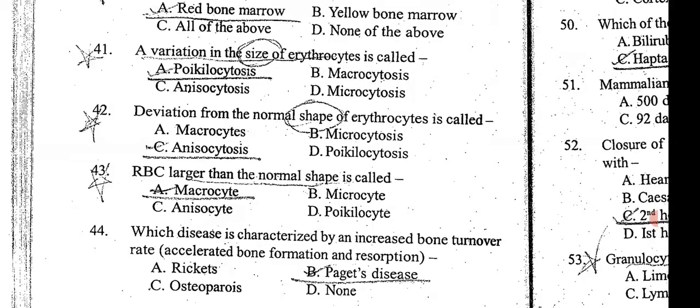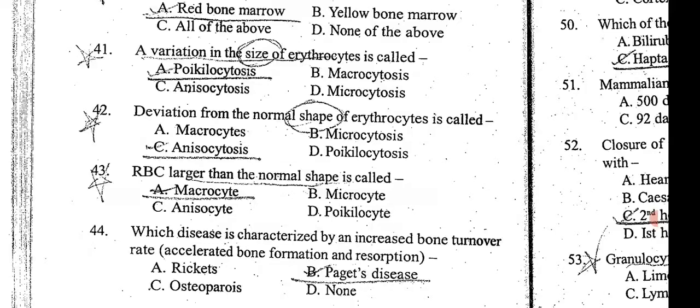Do not confuse shape with size. Size is larger or smaller. If the cell size is increased or decreased, smaller or larger, then it will be poikilocytosis. And deviation from normal shape of erythrocyte is anisocytosis.